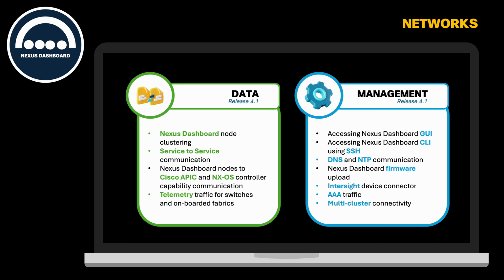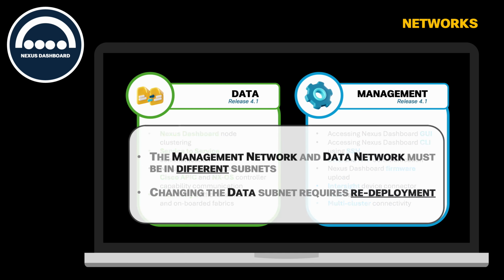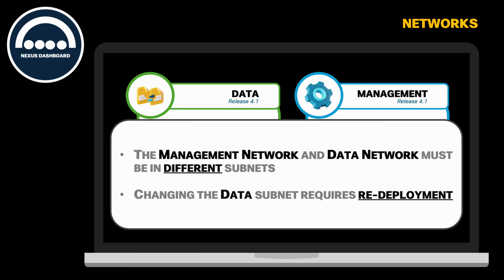The management network is used for seamless GUI and front-end operations, DNS and NTP communications, Nexus Dashboard firmware uploads, multi-cluster connectivity, and more. The two networks have the following requirements. The management network and data network must be in different subnets. Changing the data subnet requires redeploying the cluster.